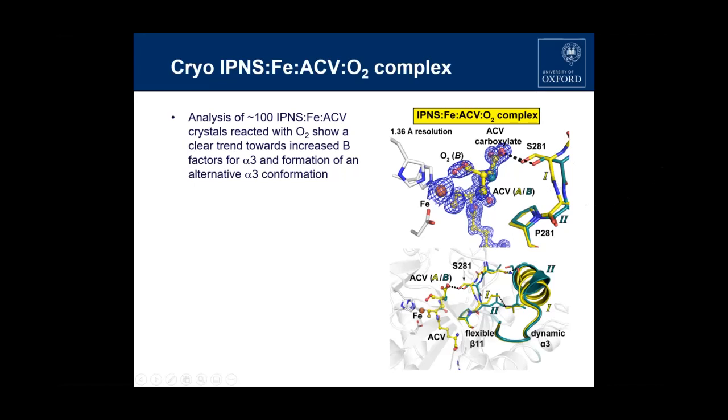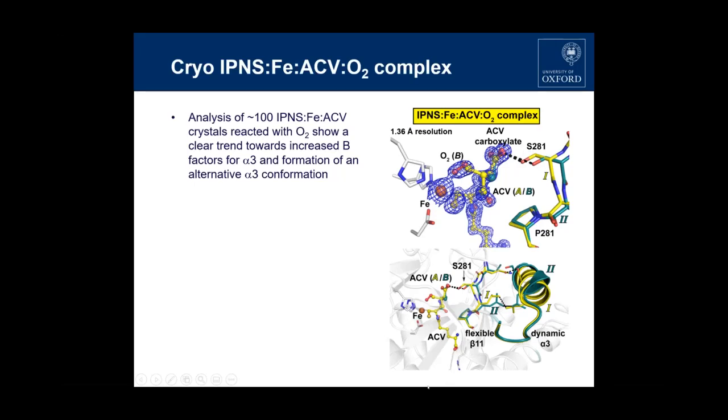So due to oxygen binding in this region, this valine isopropyl group gets pushed away. The methyl groups are not modeled because they're just not visible. Also the carboxylate gets slightly disordered, triggering an interaction with serine 281 and pushing it away by 1.2 Angstrom.